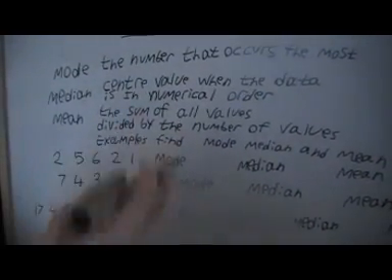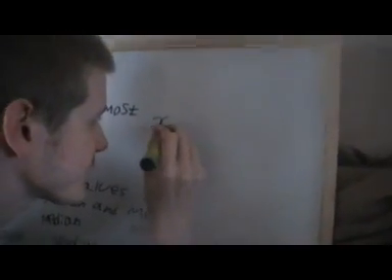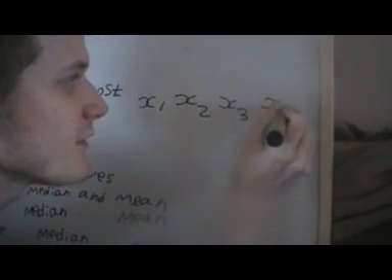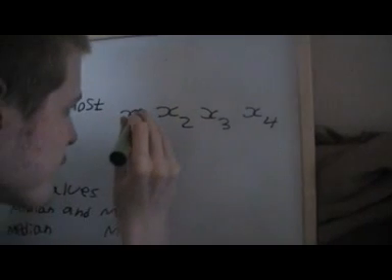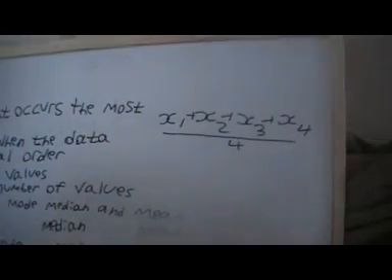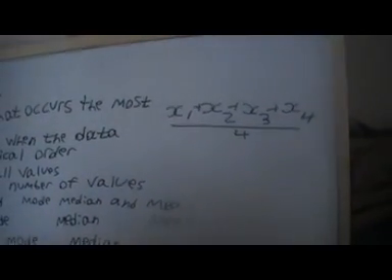So we can write it as, say we've got some values, x1, x2, x3, x4. We'll add all of these up and divide it by 4. That can also be written in the form of a sum.